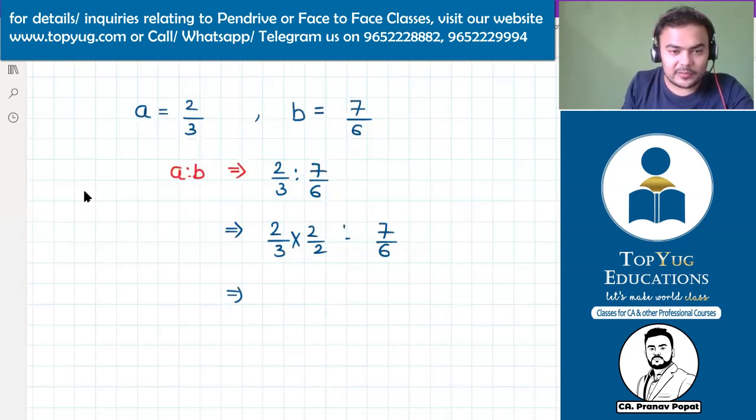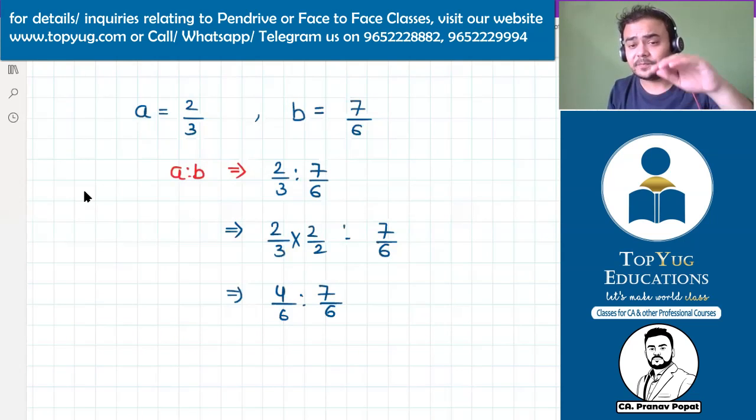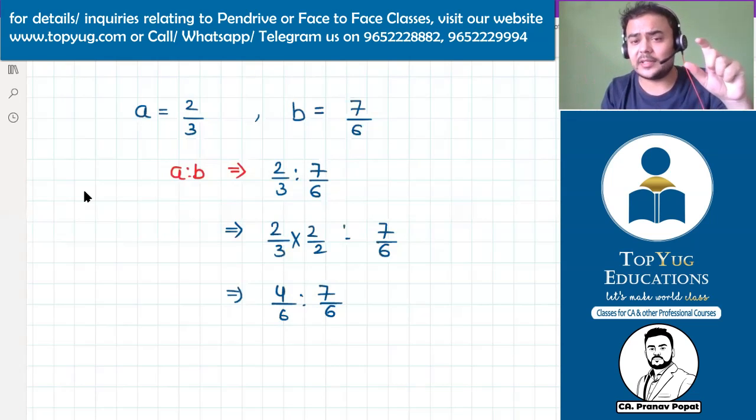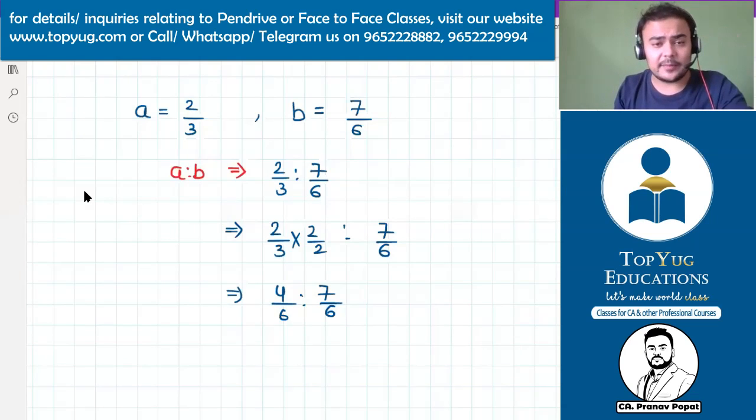Now, this will become 4 by 6, ratio 7 by 6. Now, do they have same denominator? I know you have calculated by cross product, but try to understand what the property says. It says equivalent like fractions means fractions having same denominator.